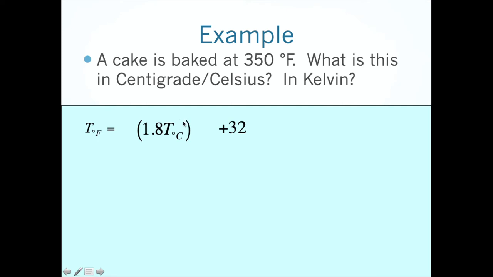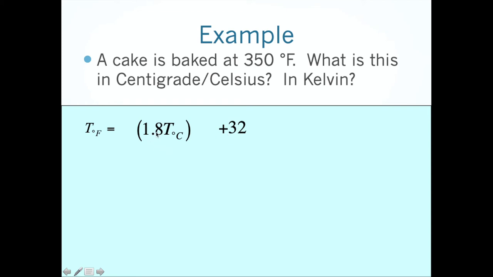So how do you rearrange an equation? Those of you who haven't seen this before, basically to move something to the opposite side of an equation, you have to do the opposite operation to what you're seeing on it. For example, here we have 1.8 times the temperature in Celsius plus 32.